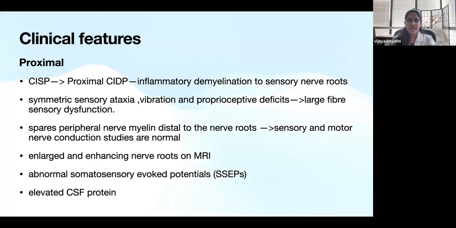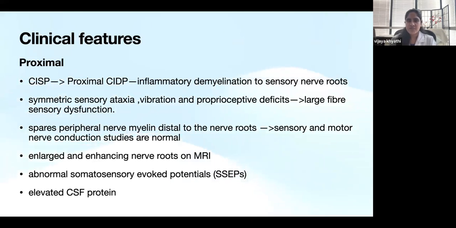Proximal variant of CIDP. If the inflammatory demyelination is more predominant in the sensory nerve roots, it is called the proximal type.